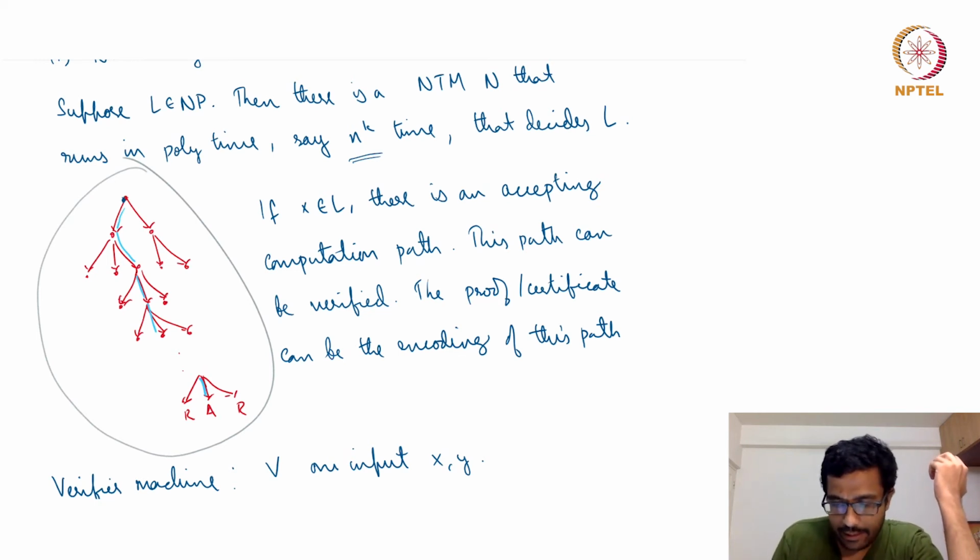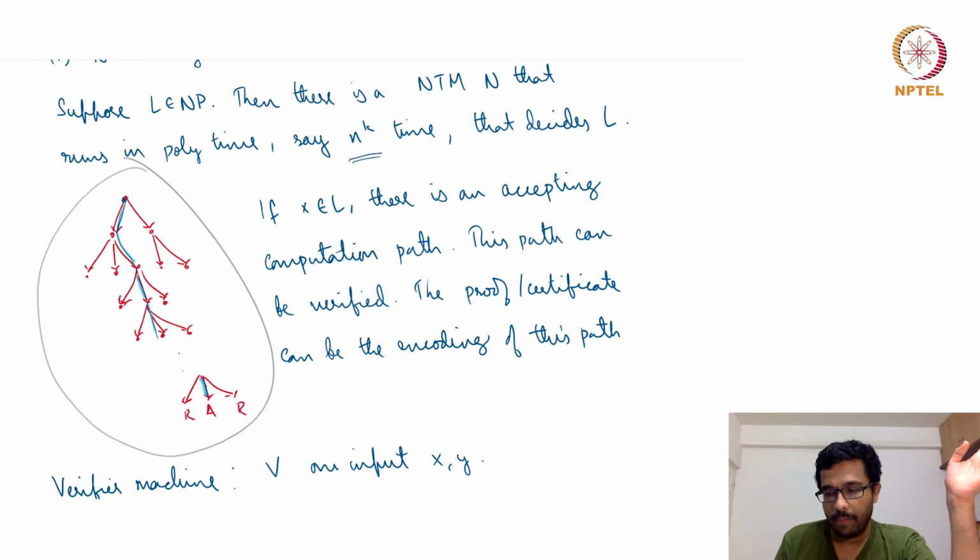Suppose X is in the language, then we must be able to trace out a path that leads to an accepting state. There could be multiple accepting states, there could be multiple rejects, but we should be able to find at least one path.